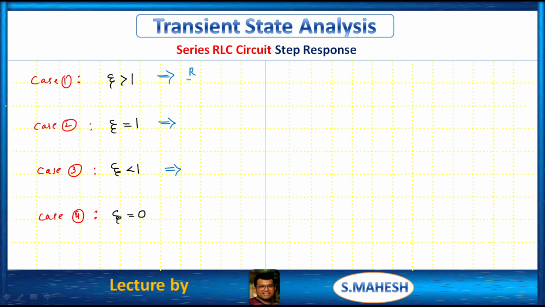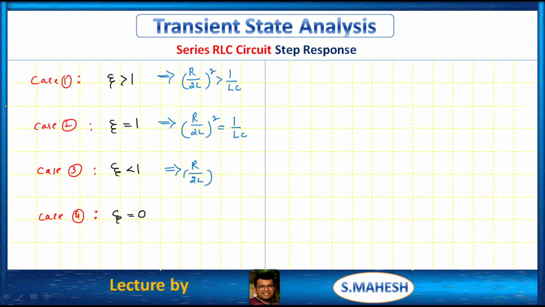So zeta more than 1 is nothing but, you all know, R by 2L whole square compared to 1 by LC, right? From this you get R by 2 square root of C by L. Zeta more than 1 means R by 2L whole square greater than 1 by LC. Zeta equals 1 means R by 2L whole square equals 1 by LC.